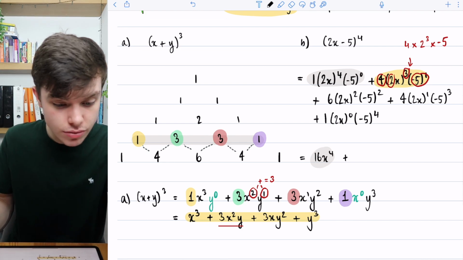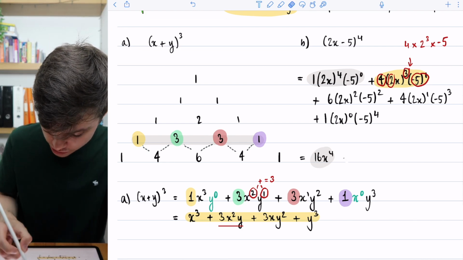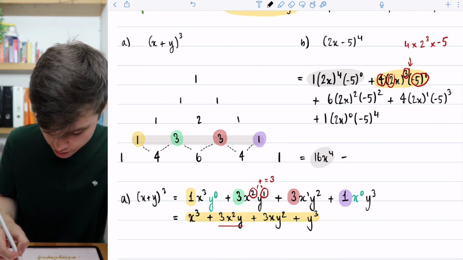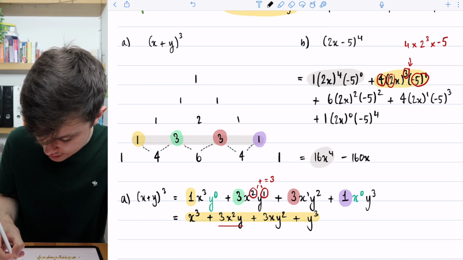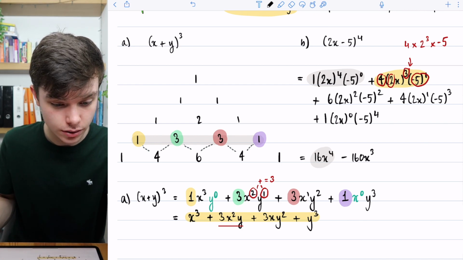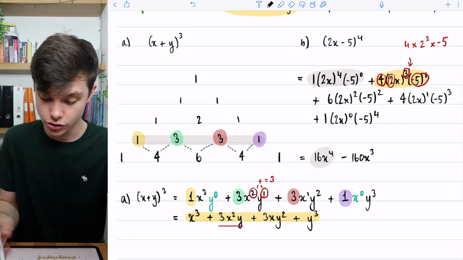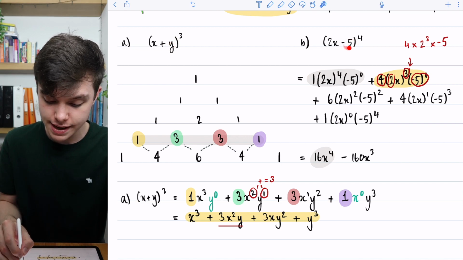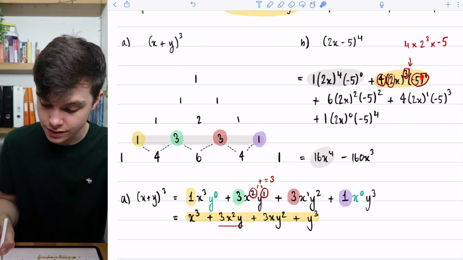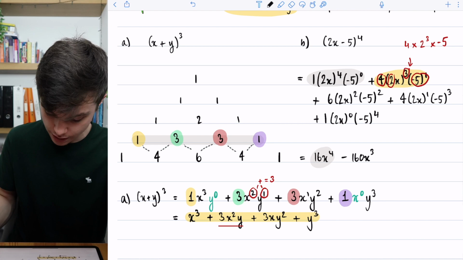When you do that, you're going to get a negative, so let's change that to a negative, and it's going to be minus 160x cubed. Okay, that is correct. Now we've just got an x cubed here because my second term was just a number, so we've not got any y's, so it kind of adds to the coefficient, if you like.